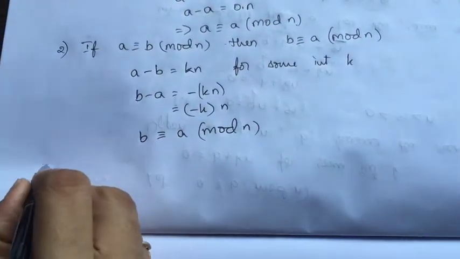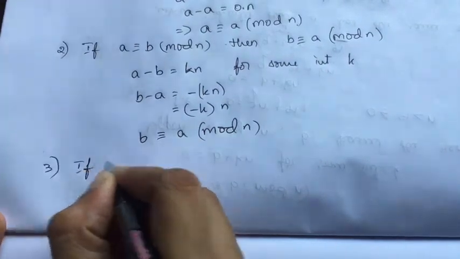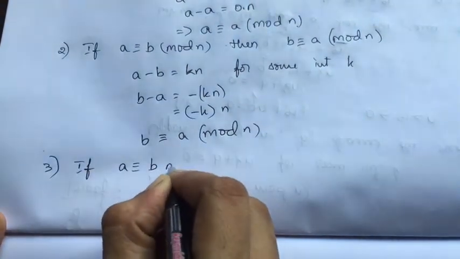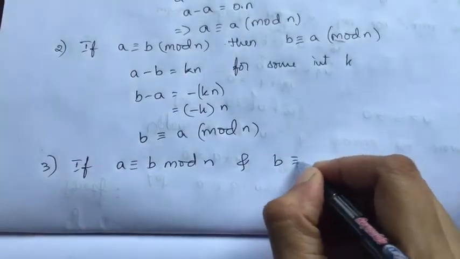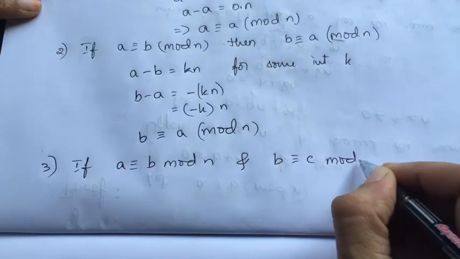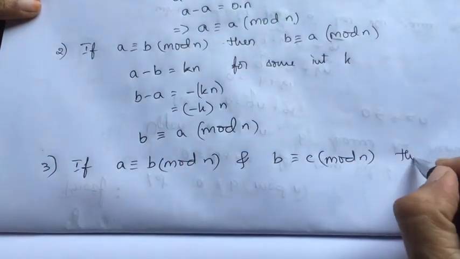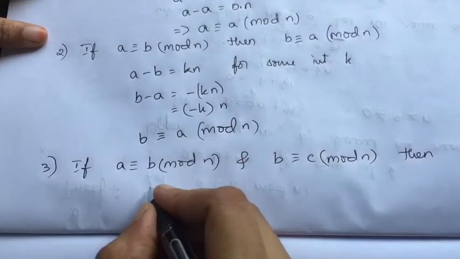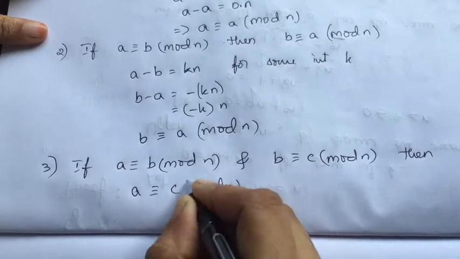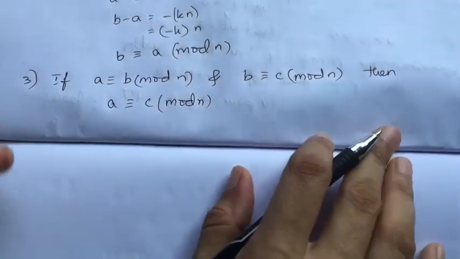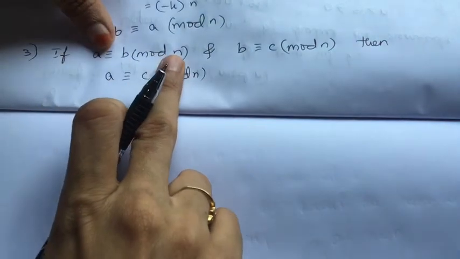And the third property says if A is congruent to B mod n, and B is congruent to C mod n, then A is congruent to C mod n. Let us see how it is. It says A is congruent to B mod n.